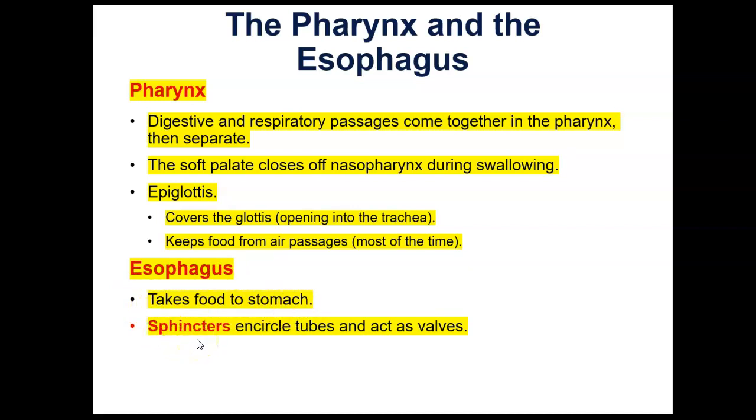The esophagus contains circular muscles called sphincters that act as valves. The esophageal sphincter is at the end of the esophagus as it meets with the stomach. We also call it the cardiac sphincter because sometimes when food backs up into the esophagus due to acid reflux, that sphincter is weakened.